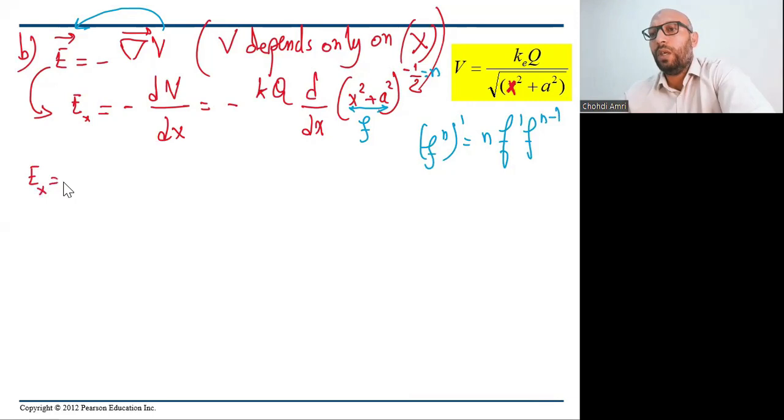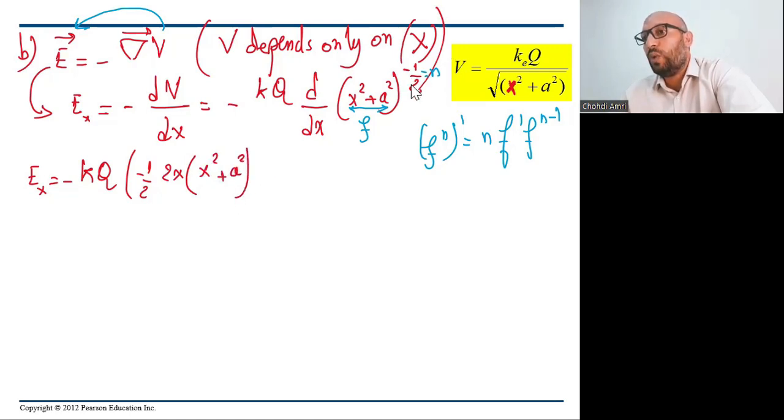So Ex will be minus kq, as usual the constants, multiplied by n, that means multiplied by minus 1 over 2, multiplied by f prime, that means 2x, multiplied by f to the n minus 1, that means x squared plus a squared, power minus 1 over 2 minus 1, so it will be minus 3 over 2. And that's all.